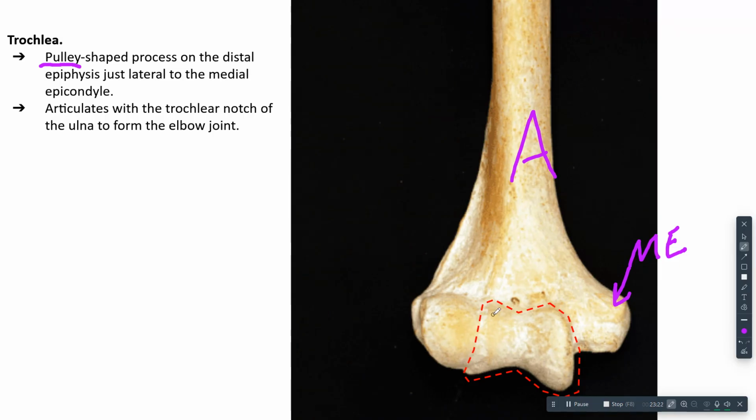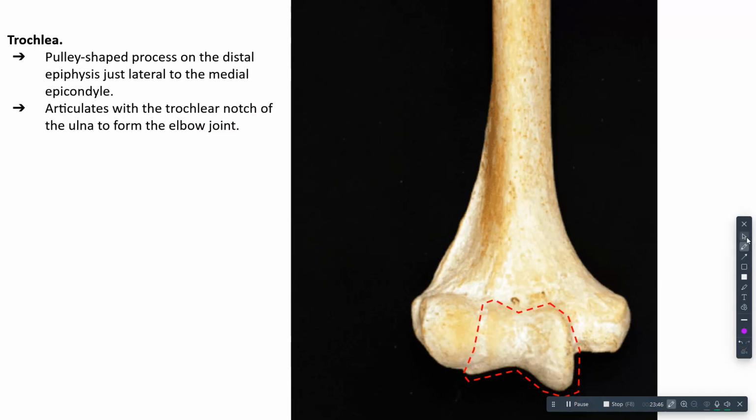So this is called the trochlea. It is going to articulate with something called the trochlear notch on the ulna. So I find my medial epicondyle, which sticks out. Then next to it, I find this pulley here. It's got like 2 wheels and an indentation. And that is my trochlea.